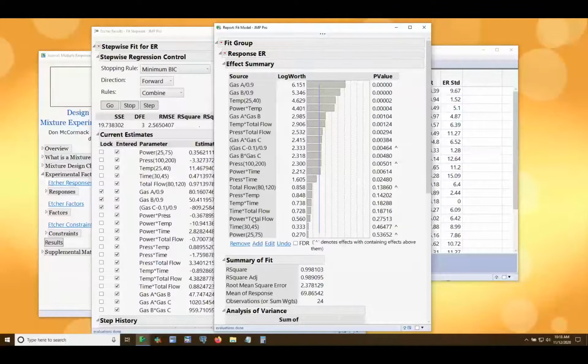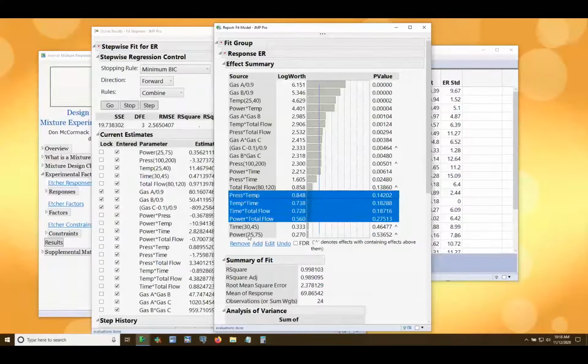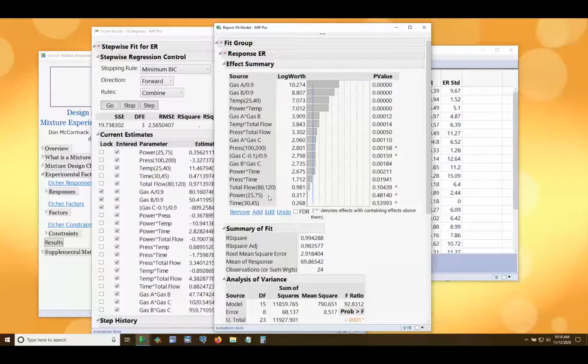However, for the sake of making this model a little bit easier to explain to people, maybe to give to somebody to run, I am going to remove anything that's not significant and not contained in a higher order interaction, that doesn't have one of these little carets here. So I might use that either via stepwise regression or via manually adjusting what isn't in my model.